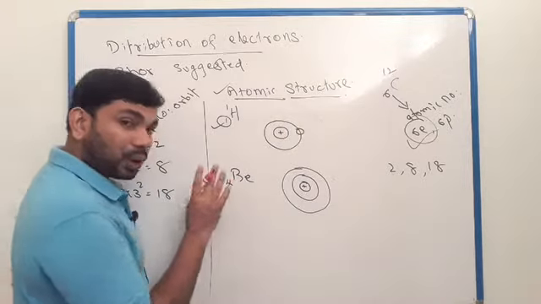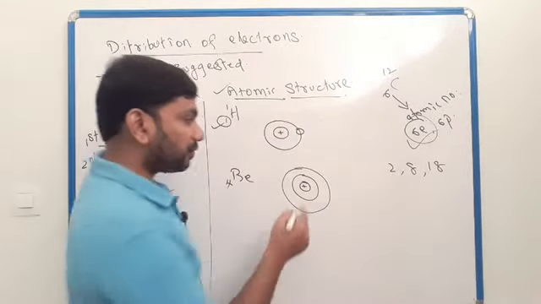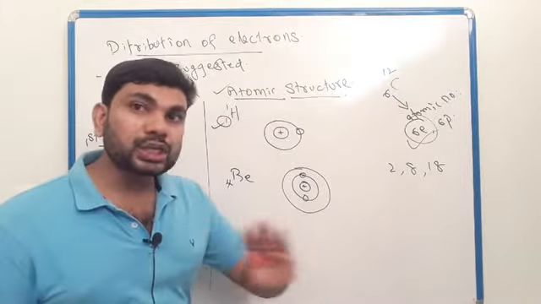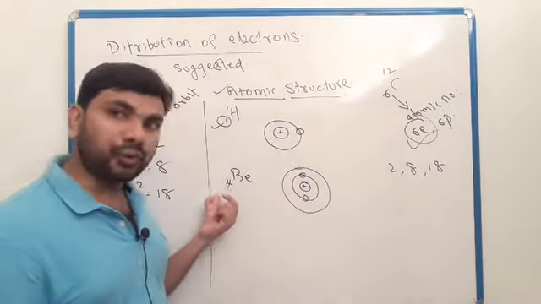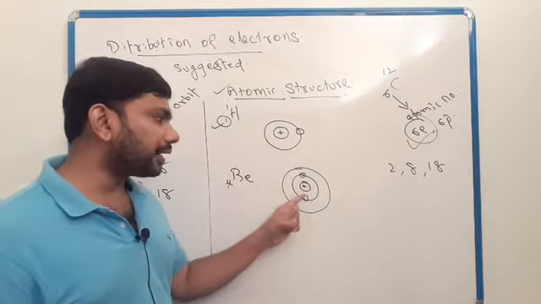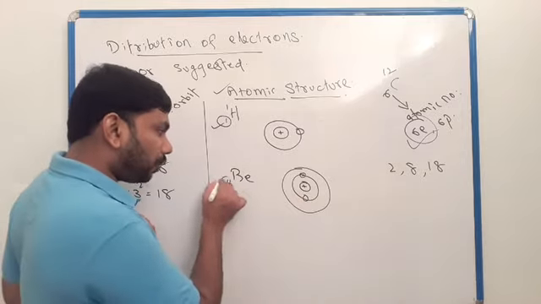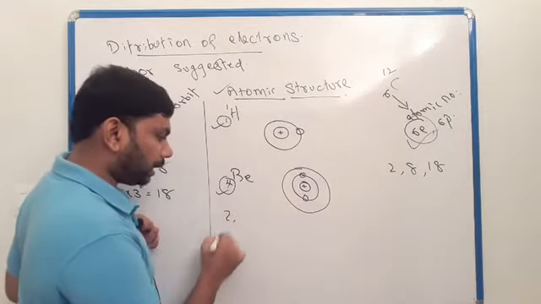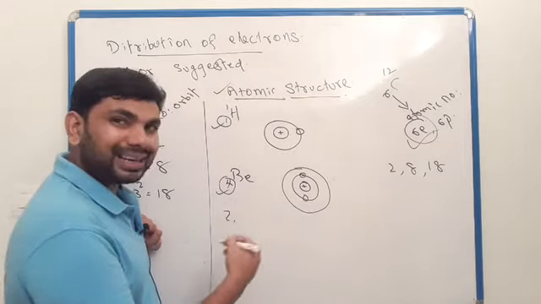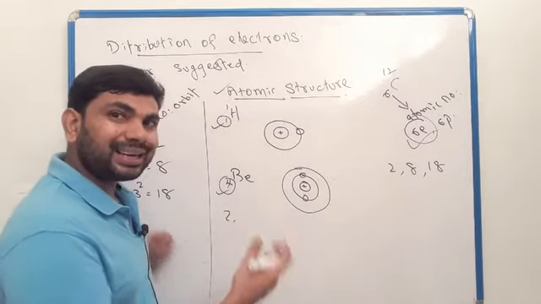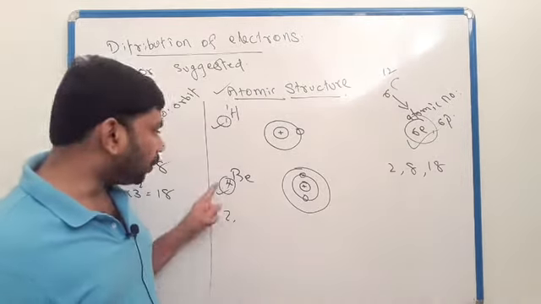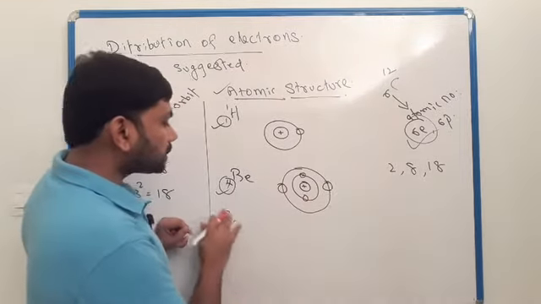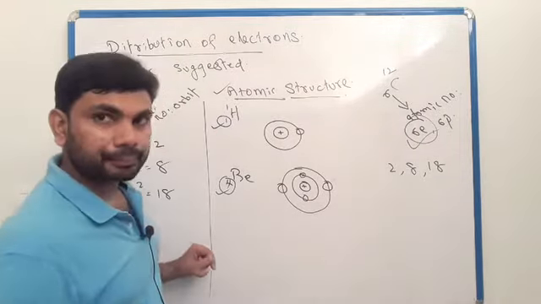But we have only 4 electrons. So first orbit 2 electrons. Second orbit not 8, we have only 4, and we already placed 2. How many electrons are left? 4 minus 2 means 2 electrons. So this is the structure of beryllium.